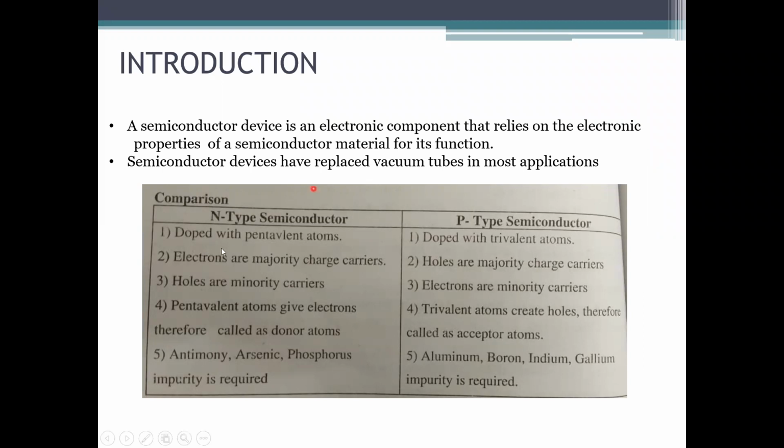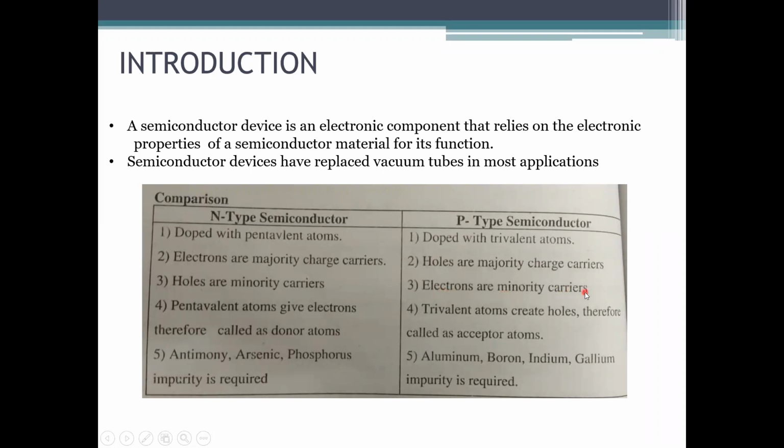N-type semiconductors are doped with pentavalent atoms, and P-type semiconductors are doped with trivalent atoms. In N-type semiconductors, electrons are the majority charge carriers, whereas in P-type, holes are the majority charge carriers. In N-type, holes are the minority carriers, and in P-type, electrons are the minority carriers.